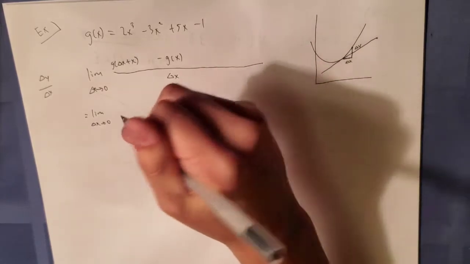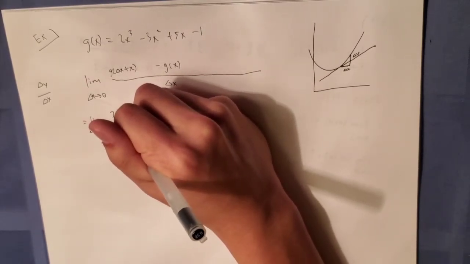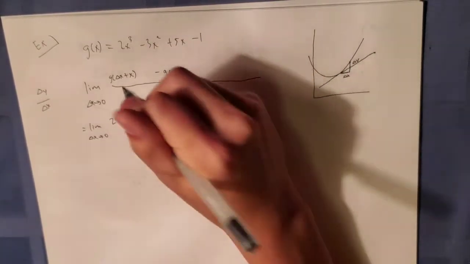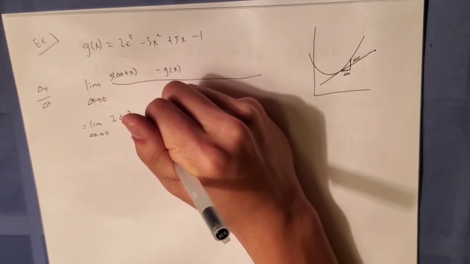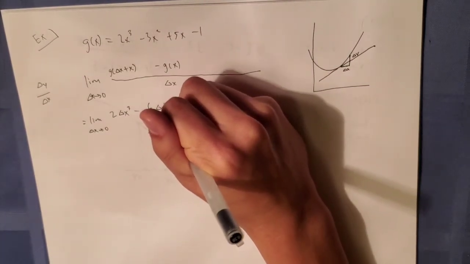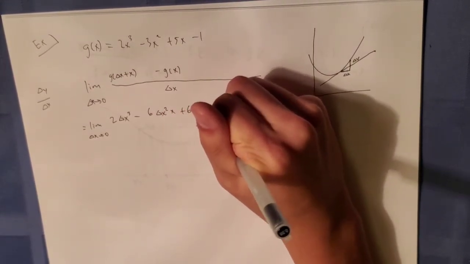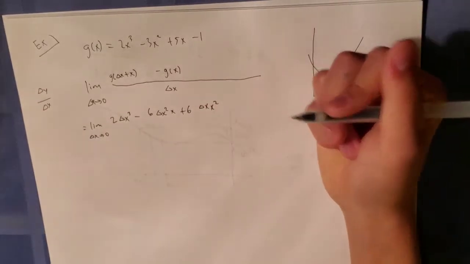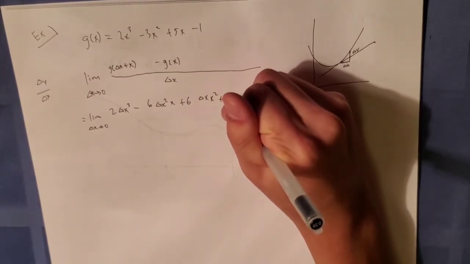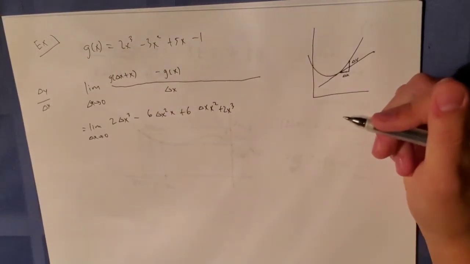I'm not going to write out everything, but it's going to be 2 delta x cubed plus 6 delta x squared times x plus 6x squared delta x plus 2x cubed. That's just the first term of g of delta x plus x.